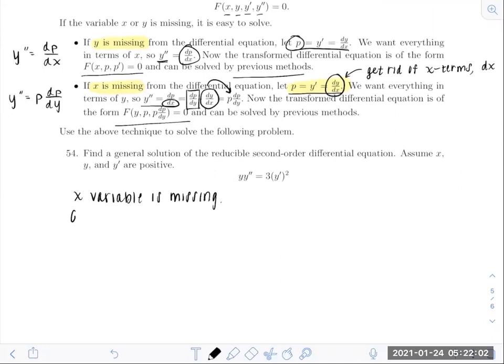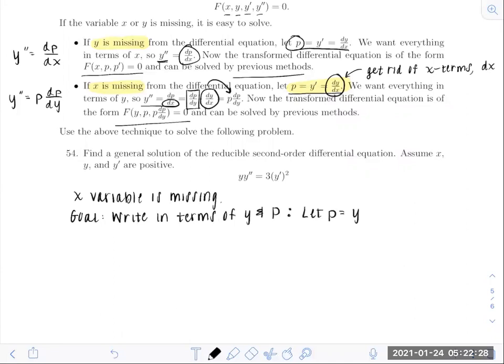In this case, our goal is to rewrite this as a first order DE in terms of y and p. And so let's go ahead and set up our p variable.